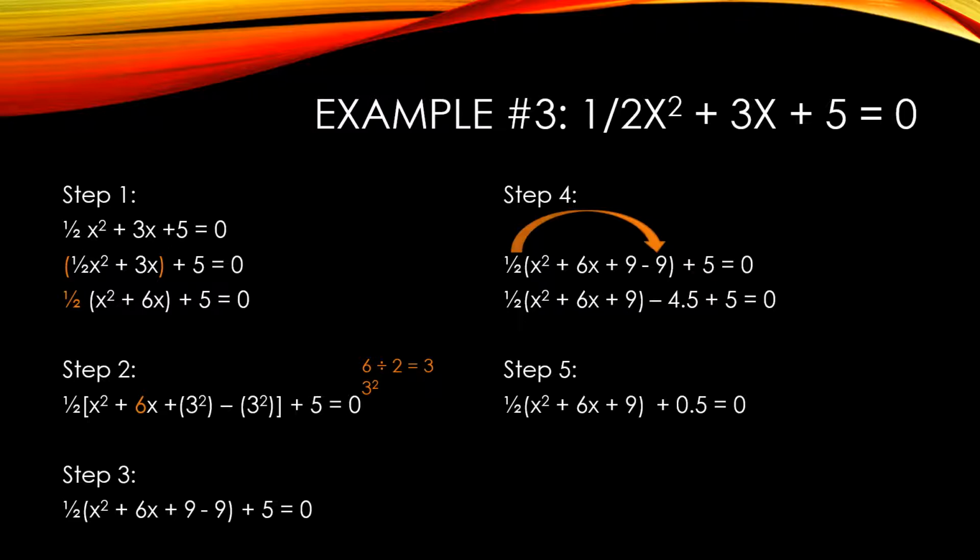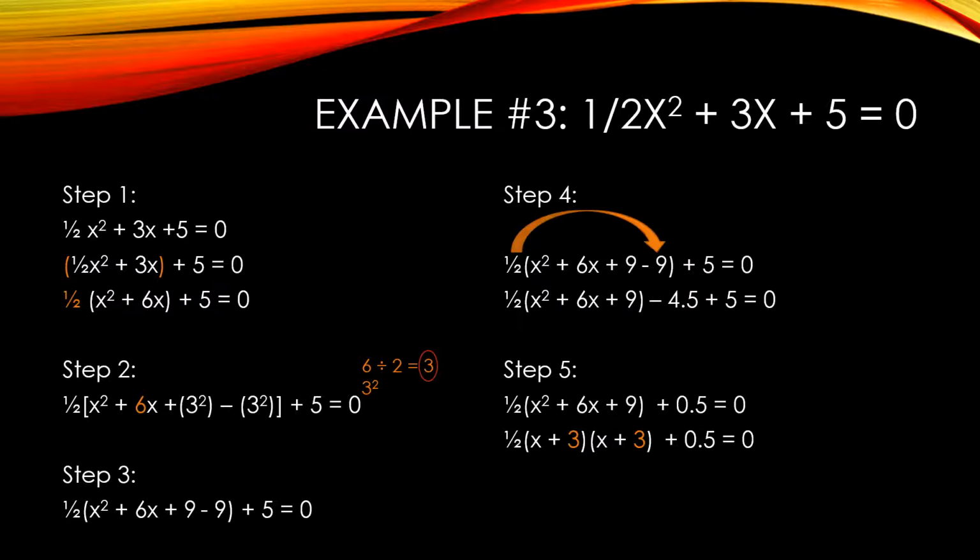And by now we're pretty comfortable with referring to step number 2, where we divided our b value by 2 and using that value to factor our trinomial in the bracket. We know that 3 plus 3 is going to give us 6, and 3 times 3 is going to give us 9. So 3 is definitely our magic number, and we go ahead and rewrite our trinomial in factored form.